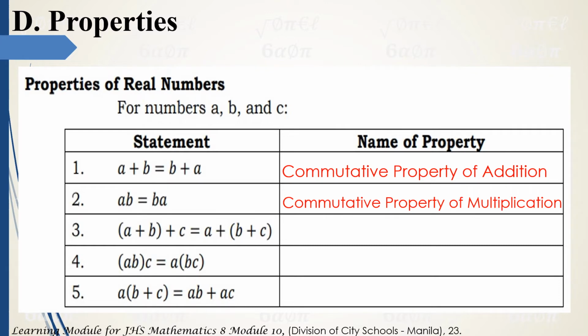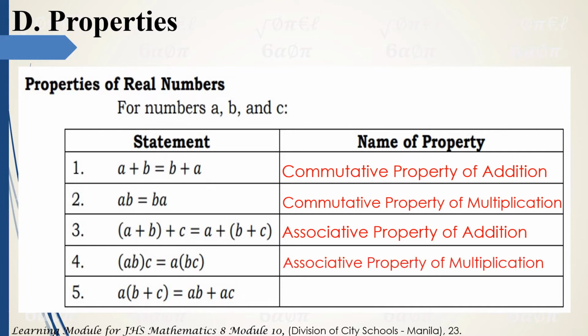Pag pinagbaligtad, pero multiplication, of course, that is the commutative property of multiplication. And kapag nagpalit ng grouping, tapos addition, so we have associative property of addition. Nagpalit ng grouping pero multiplication, associative property of multiplication. And kapag dinistribute, of course, that is the distributive property. So, yung A ay dinistribute doon sa B plus C.